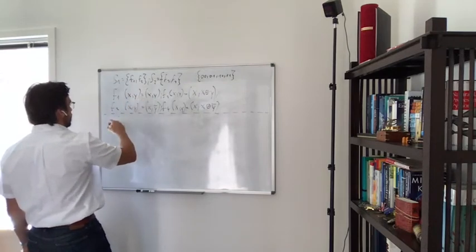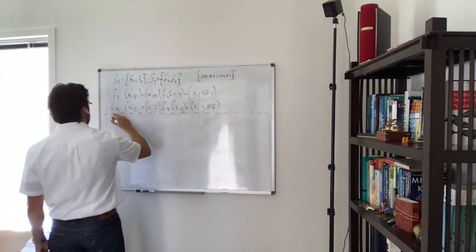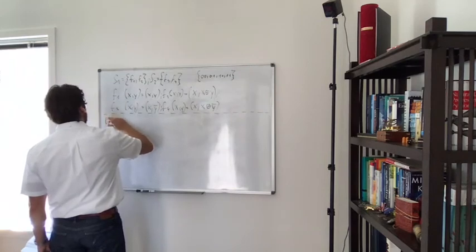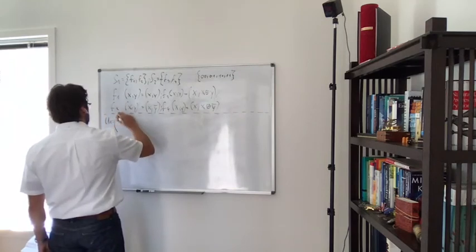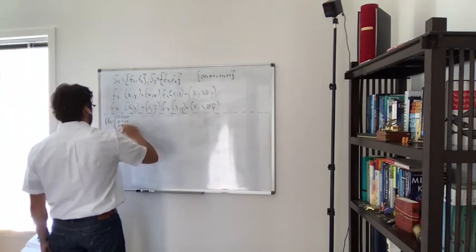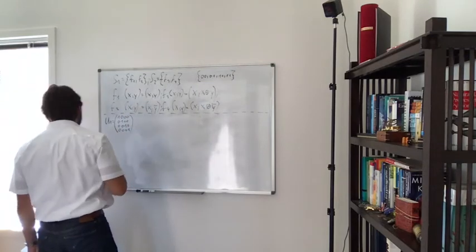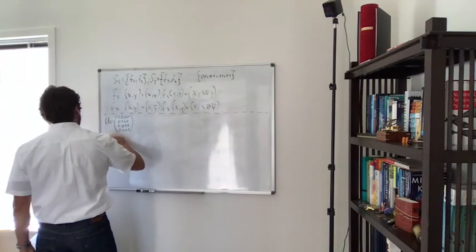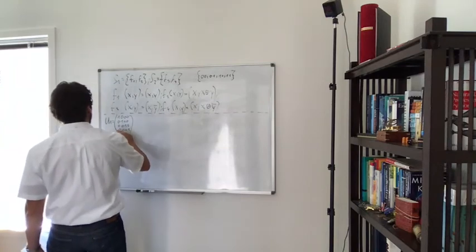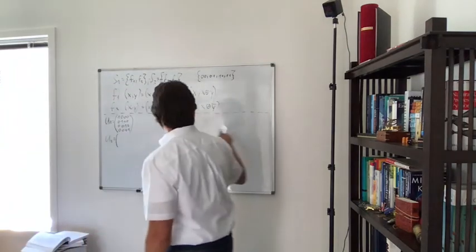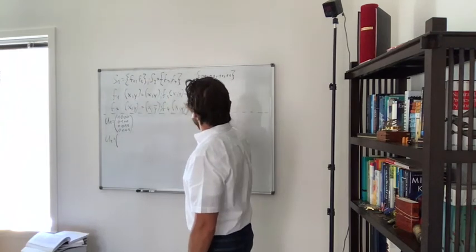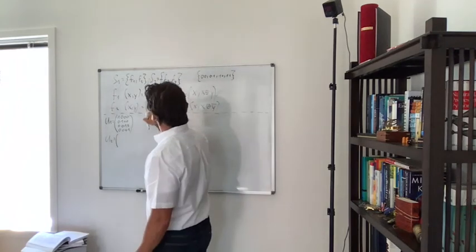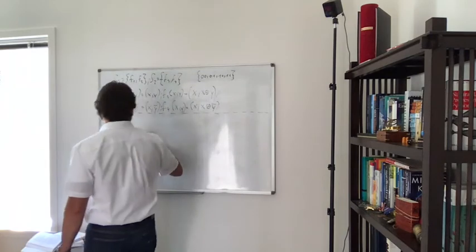Actually, the first one is pretty easy because it always gives me the same. So let's call it U1. And therefore, since the input always equals the output, it is the identity transformation. Then I'll look at function 2, which we implement as unitary 2, which is x, not y.